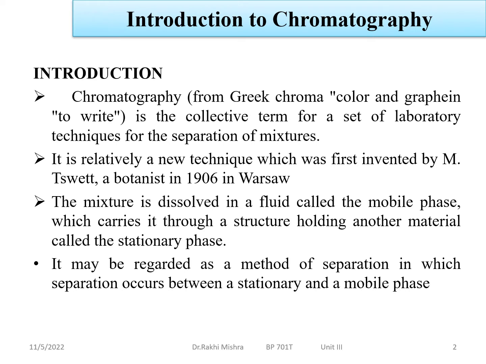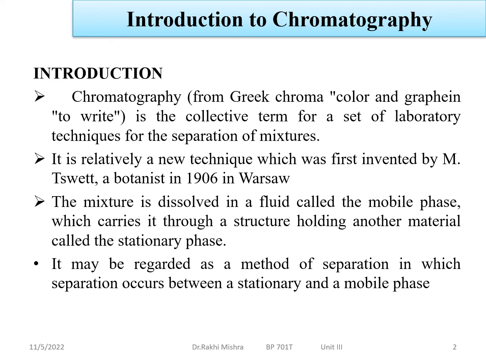In general, for any type of chromatography, this technique is used for the separation of compounds. Suppose we have a mixture A, B, C, D, E, then we can separate these compounds with the help of chromatography. Why is this name given? Because it is made up of two words. The first word is chroma, a Greek word meaning color, and graphy means to write.